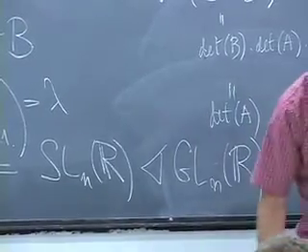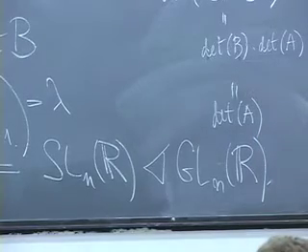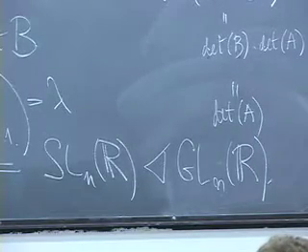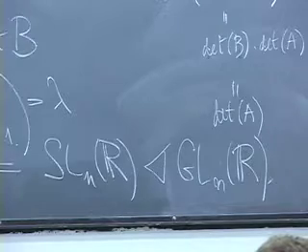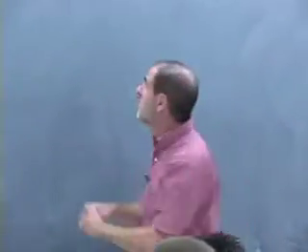OK? Now let's do a little bit more serious homomorphism. This is an extremely important homomorphism in group theory. We have two general groups that we know about, GLN and SN. So we should have a homomorphism between them.